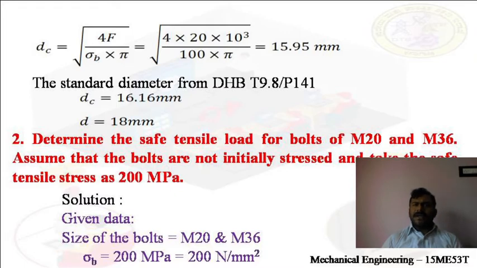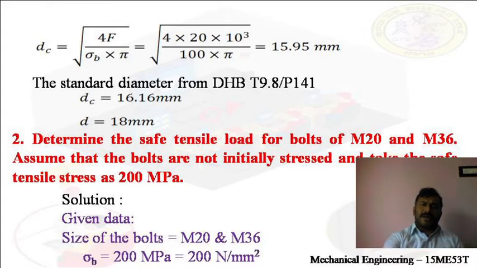Core diameter is 15.95 mm, that is the calculated one. Please go through the design data handbook. In table 9.8, page number 141, you will get the basic dimensions of isometric threads. In that, closer to this value of 15.95 mm, in column number 5, you will get the core diameter.